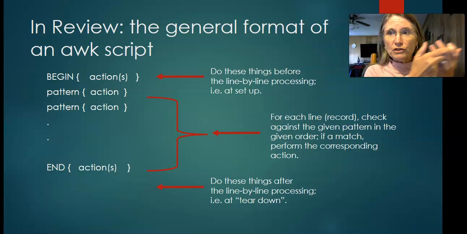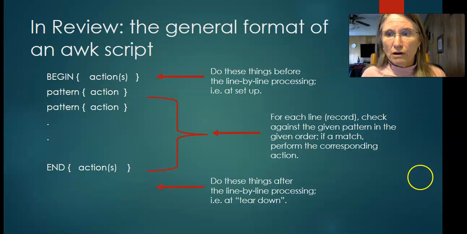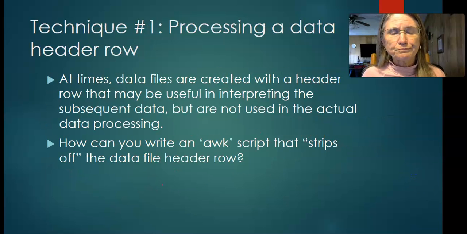That happens all the way down through the body section. And then the third component of the script is the end set. Those things are done after the line-by-line processing completes. We might call this the cleanup or teardown portion of our script.